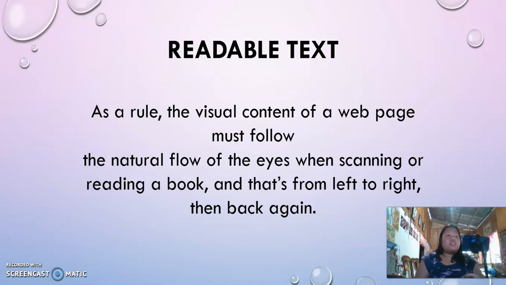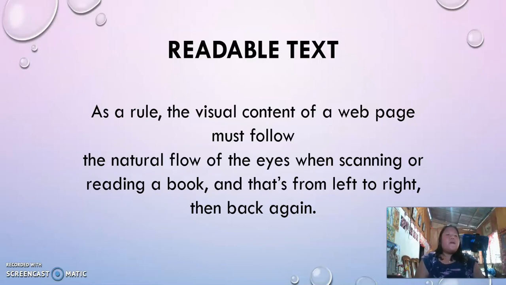Using fonts with serifs, the short lines at the ends of the strokes of the letters, such as Times New Roman or other serif typefaces, is okay, but as a norm, we make use of sans serif fonts because they are supposedly easier on the eyes when displayed on a computer screen.